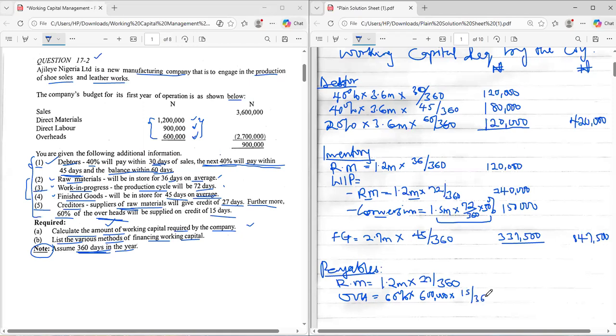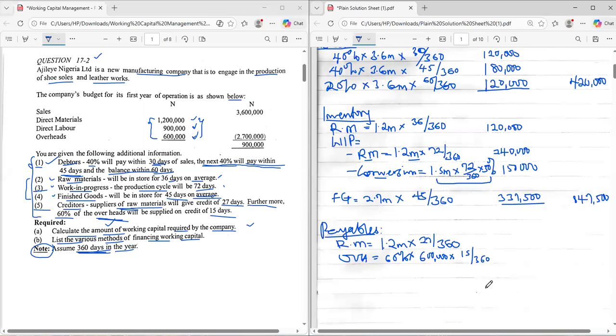Life is simple. Just give me the figures. The first one is 90,000. Second one is 15,000.